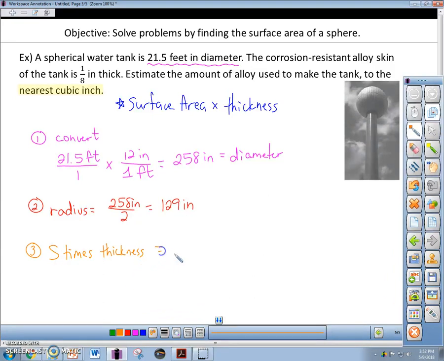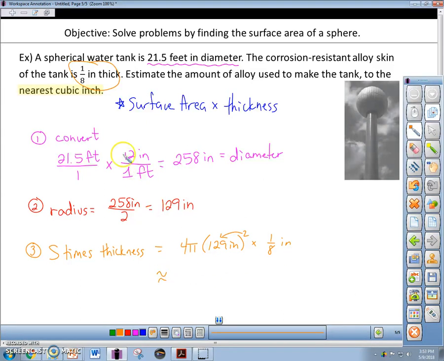So that's going to be my 4 times pi times my radius of 129 inches, quantity squared, times my thickness of 1/8 of an inch, which is right here. Now when you do this in your calculator, it's 4 times pi times 129 squared, and then you can do times 1 divided by 8, or you could just do divided by 8.